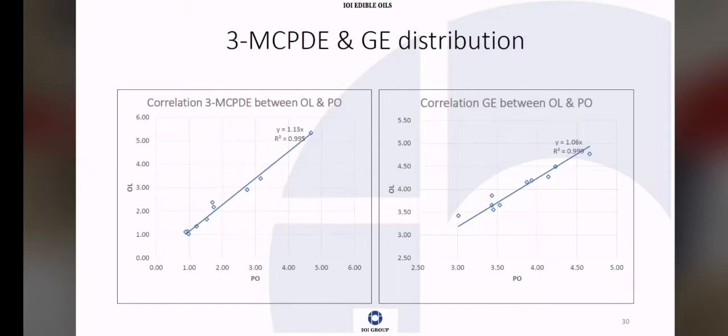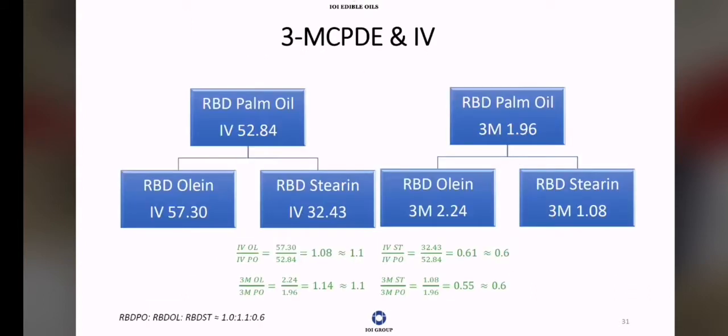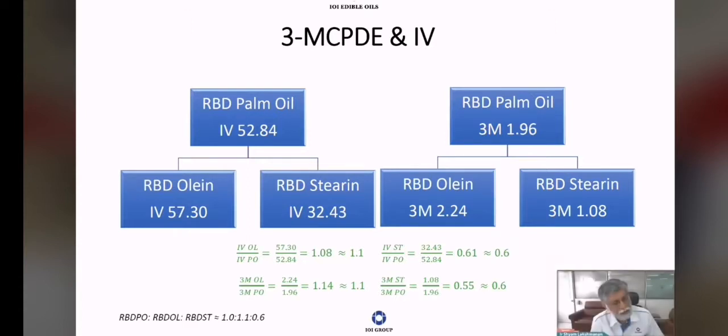The reason we've done these studies is to see what we need to achieve in the refining stage, how low we need to bring the MCPDE and GE in order to get olein that complies with the buyer's requirements or the EU requirements. Next, please. So we tried to develop a correlation for this. When we analyzed it, we found that for 3-MCPD, the correlation seemed to be closer with the IV of the oil.